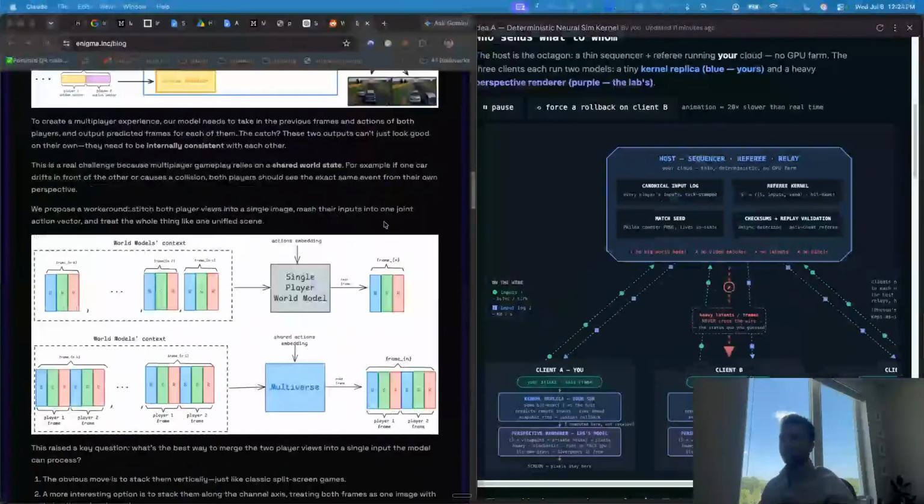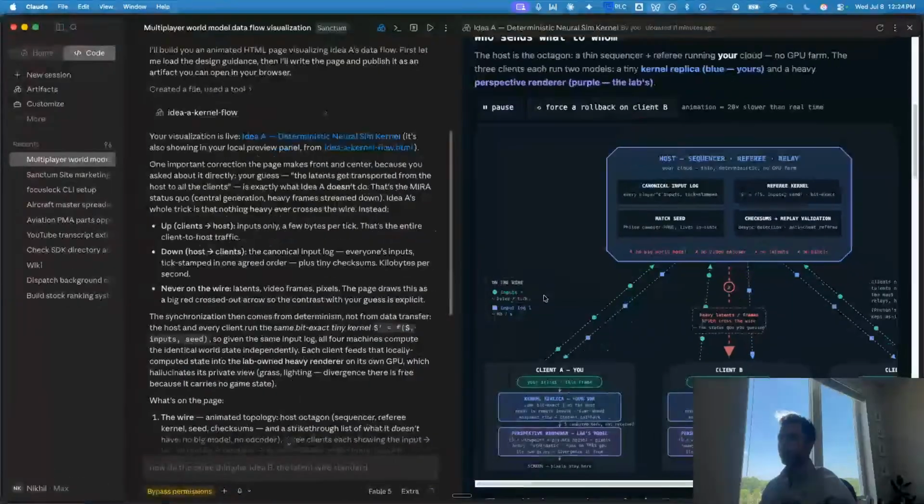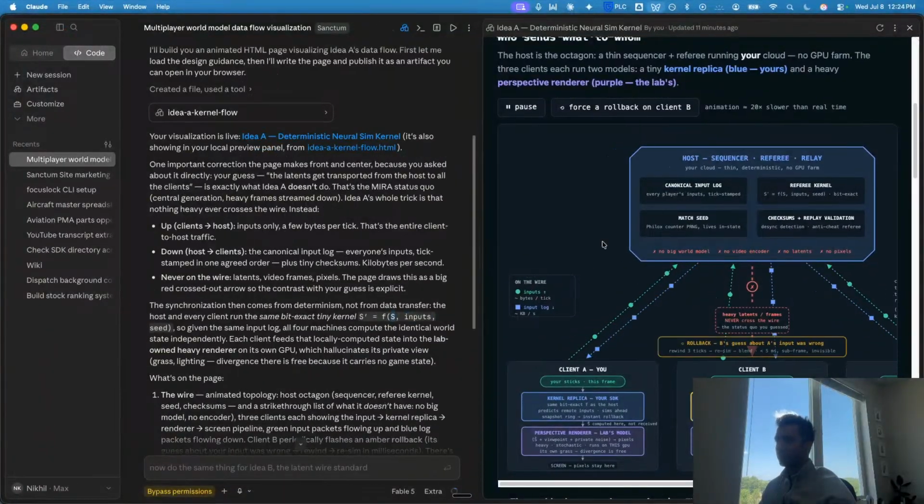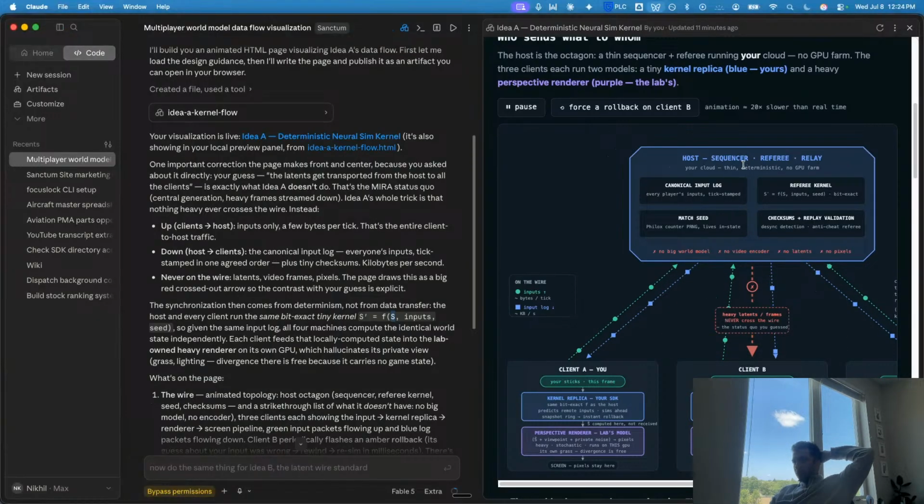I mean, this is not at all how I thought it would work. So Mira, the paper is simulating on this.